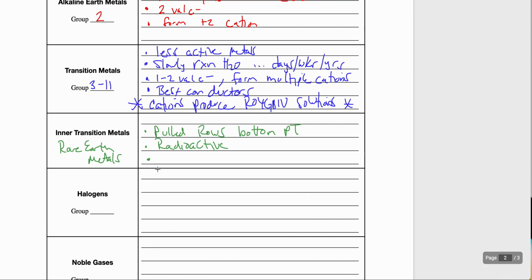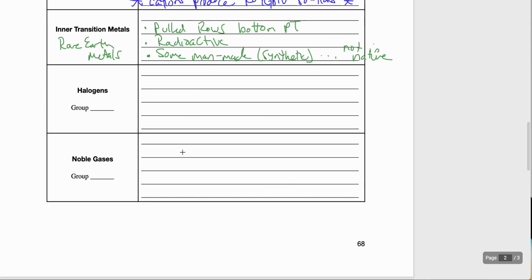And some of them are man-made. Might be referred to as synthetic, meaning they are not in nature. So some of these inner transition metals, their existence has only been found in a nuclear reactor, not in nature.